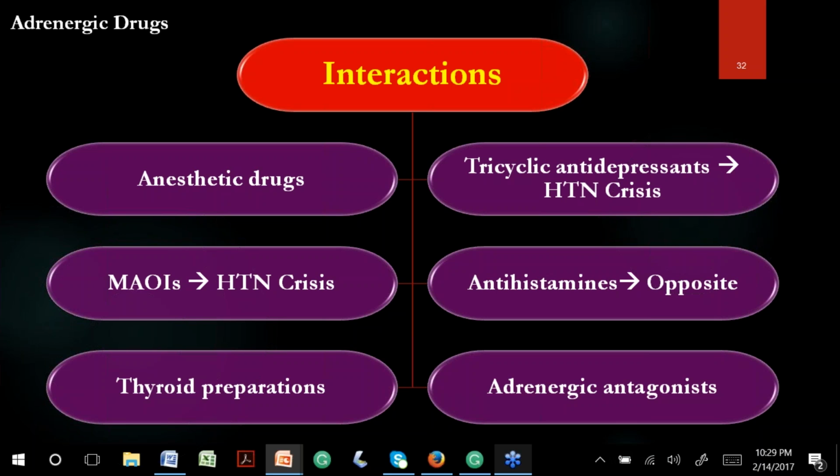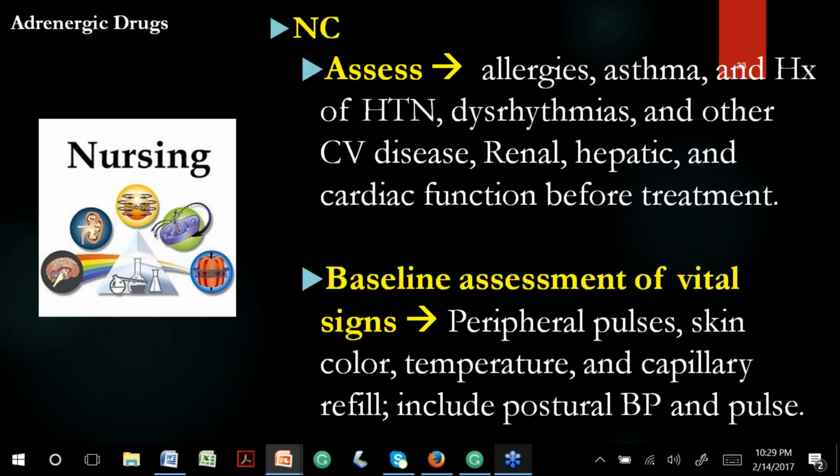The antihistaminics and the alphas are going to have an opposite effect, they are going to be antagonists. And thyroid preparations, T3 and T4, right? So people who are receiving Cytomel, for example, T3, or some medications that increase the levels of T3 and T4, they can lead into a crisis of hypertension. Why? Because T3 and T4 increase the metabolism of the body. And that is going to be the interaction, okay?